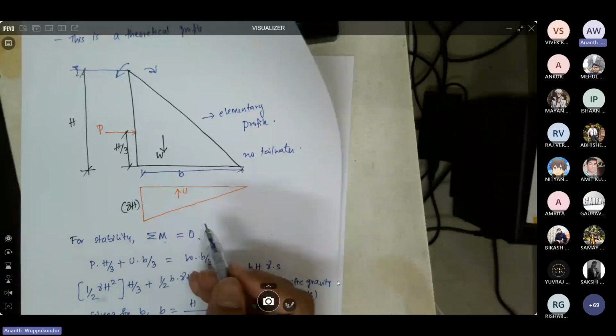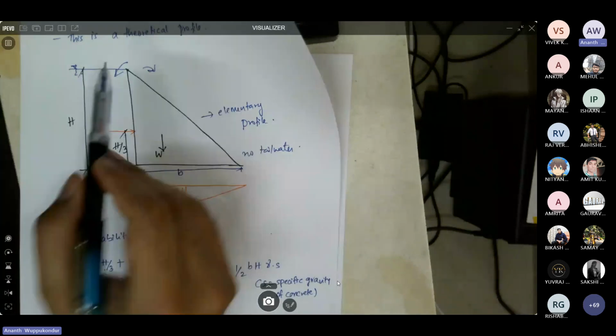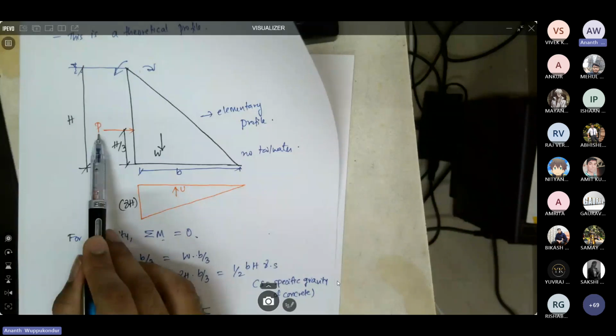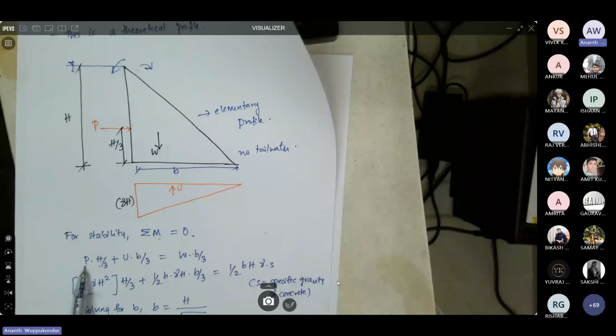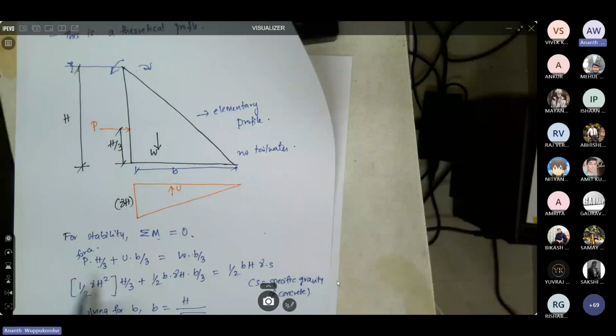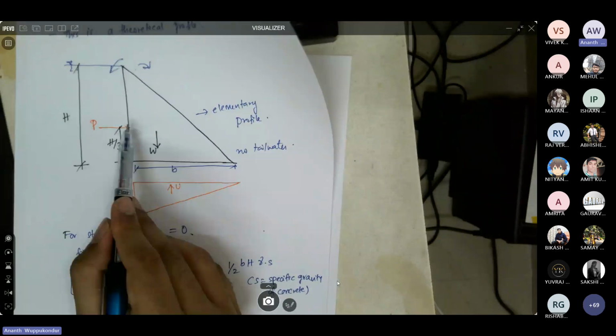In this case, the moments that are trying to destabilize the dam are due to the hydrostatic force P, which acts at a height of h by 3 from the base, because this is a triangular section.